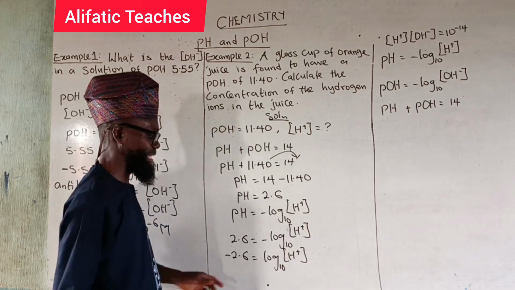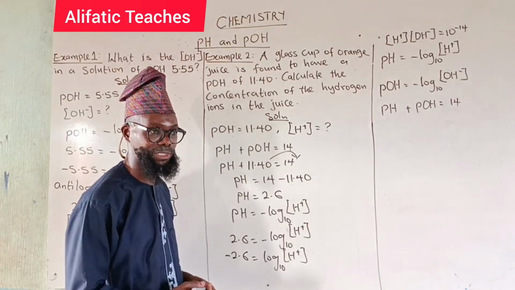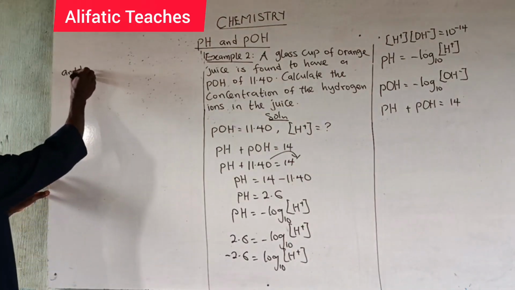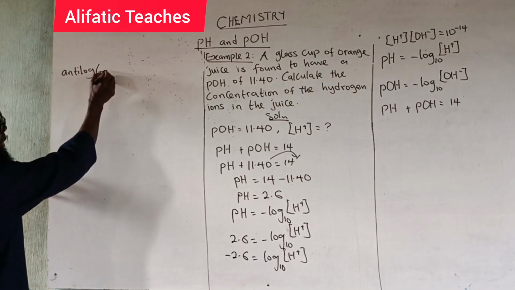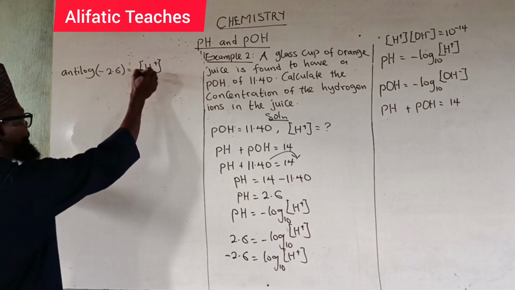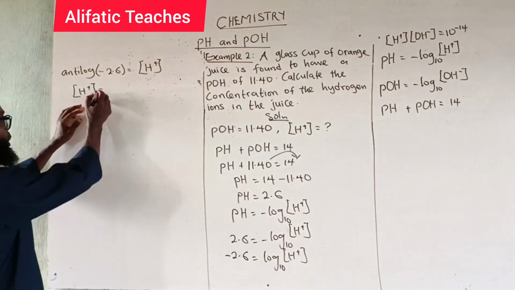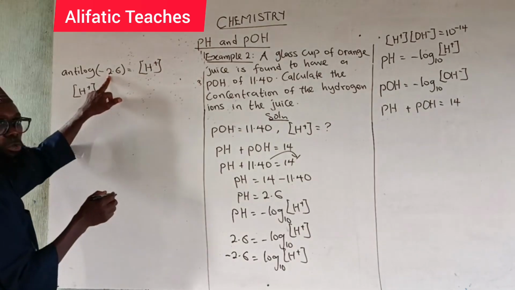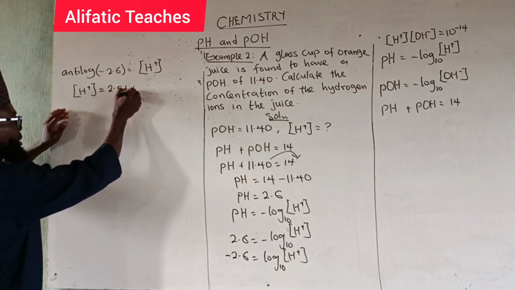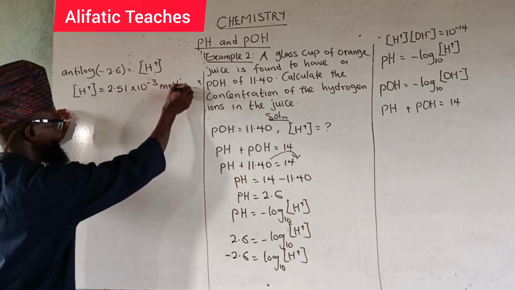To get my hydrogen concentration, I have to find the anti-logarithm of minus 2.6. When you press the anti-logarithm of minus 2.6, we have 2.51 times 10 to the power minus 3 mole per dm cube, that's the molar.